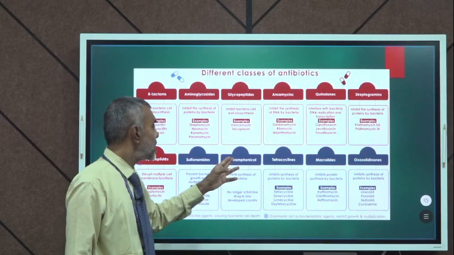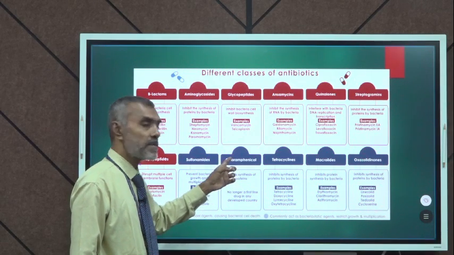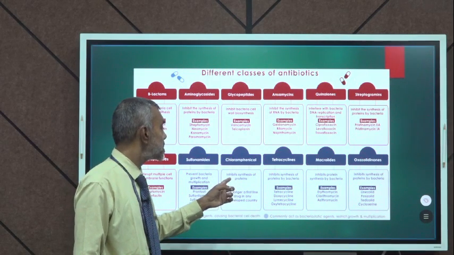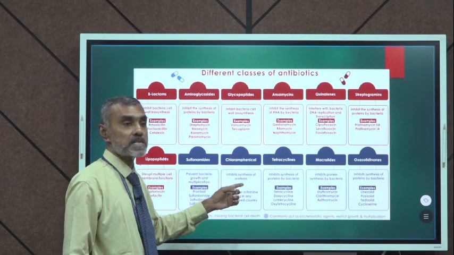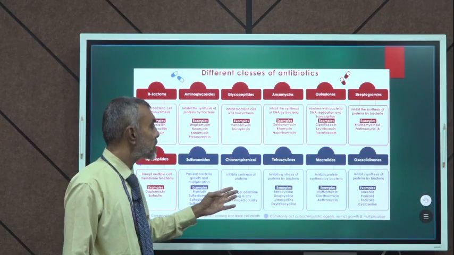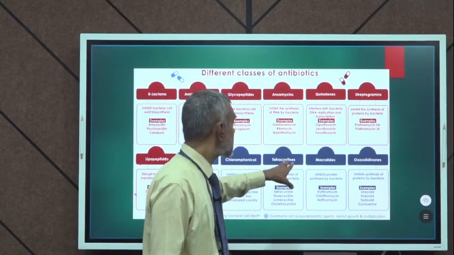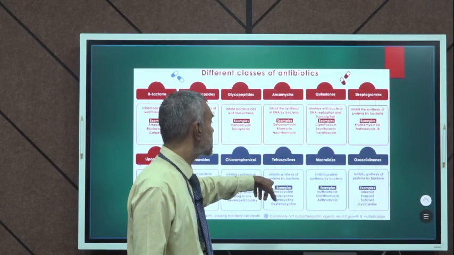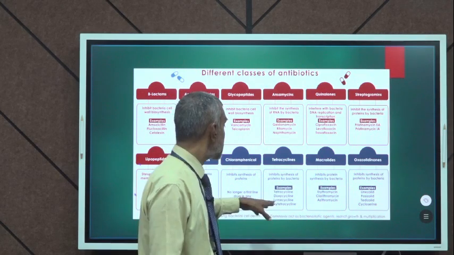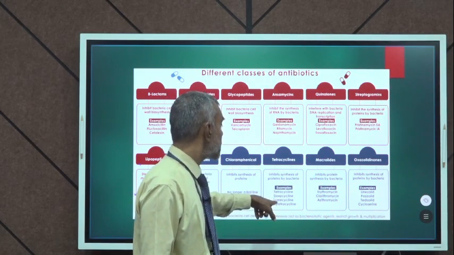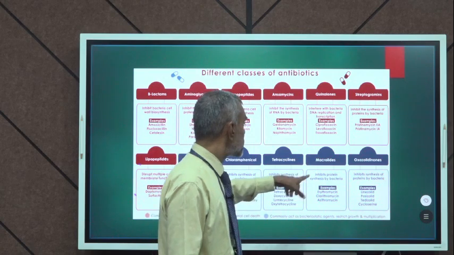Then chloramphenicol is another type of antibiotic which inhibits the protein synthesis of the microorganism. Next is tetracyclines, which inhibit the synthesis of protein by bacteria: tetracycline, doxycycline and oxytetracycline.